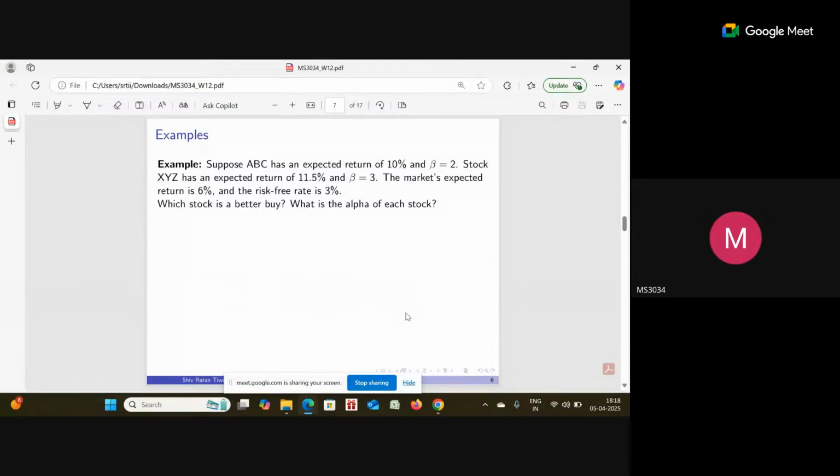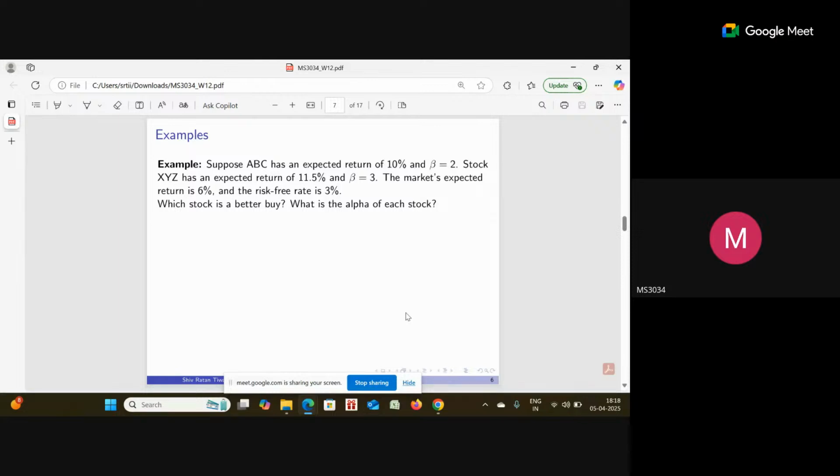So for example, suppose there is a firm ABC which has an expected return of 10% and a beta of 2, and there is another stock XYZ which has an expected return of 11.5% and a beta of 3. The expected market return is 6% and the risk-free rate is 3%.